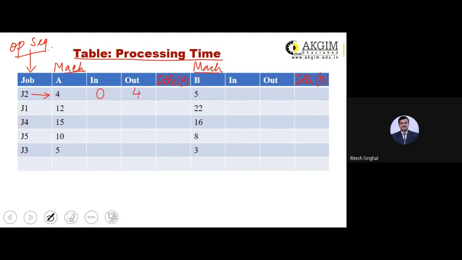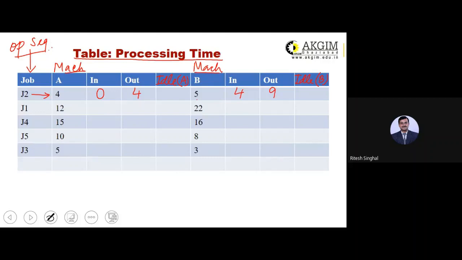So it will be out at 4th hour. And similarly, after completion by A, you have to enter this job on B at 4th hour. It requires 5 hours to complete. So 4 plus 5, 9. So at the 9th hour, it is going to be out from machine B.